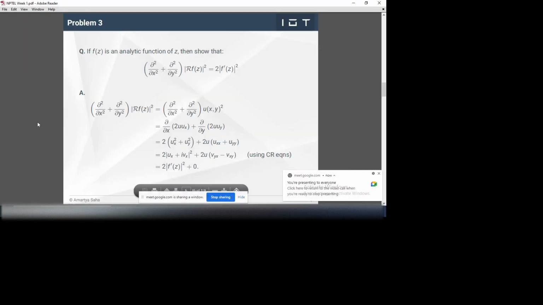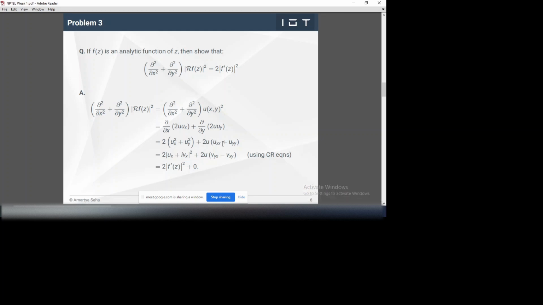Now we will do the remaining derivatives, taking the derivative for the second time. So what do we get? Del x of u_x gives u_x squared and then u multiplied by u_xx.